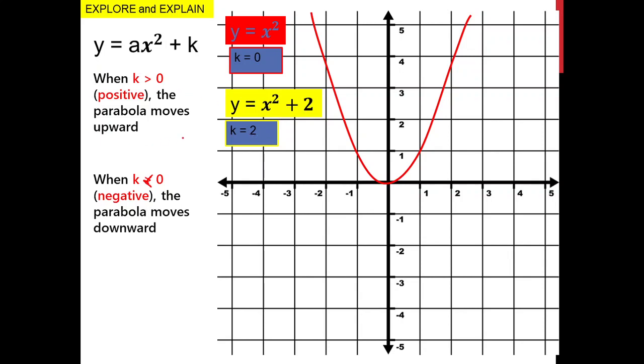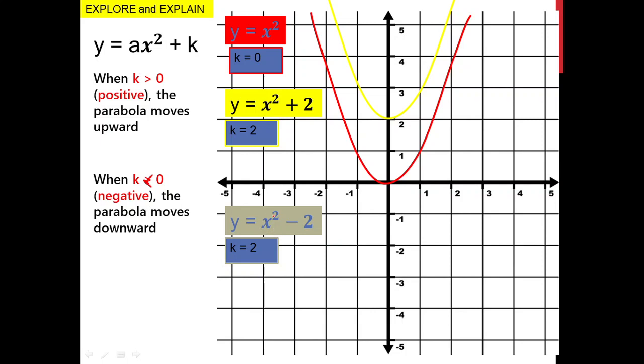Again, based on this statement, when k is positive, the parabola moves upward. Let's see the behavior of the graph when k is equal to 2. This will be the movement of our graph. So from our parent graph, since we have a change of value of k here already, it moves 2 units upward since k is positive.